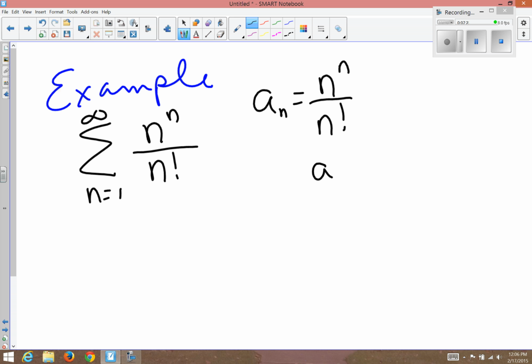And the n plus first term, a sub n plus 1, is the same thing with n plus 1 in place of n. So right here, instead of n as the base, it's n plus 1. Raised to the n, instead of n, it's the exponent n plus 1. Down here, instead of n factorial, it's n plus 1 factorial.